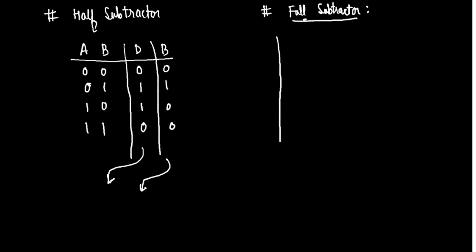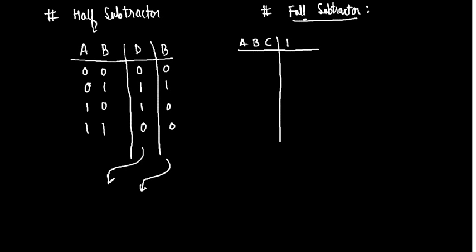So A, B, and no, I should not say B, but let the borrow or the carry be the same, because for this borrow we don't really go for subtraction. We make 2's complement of the subtrahend, and then do the addition, you know that.